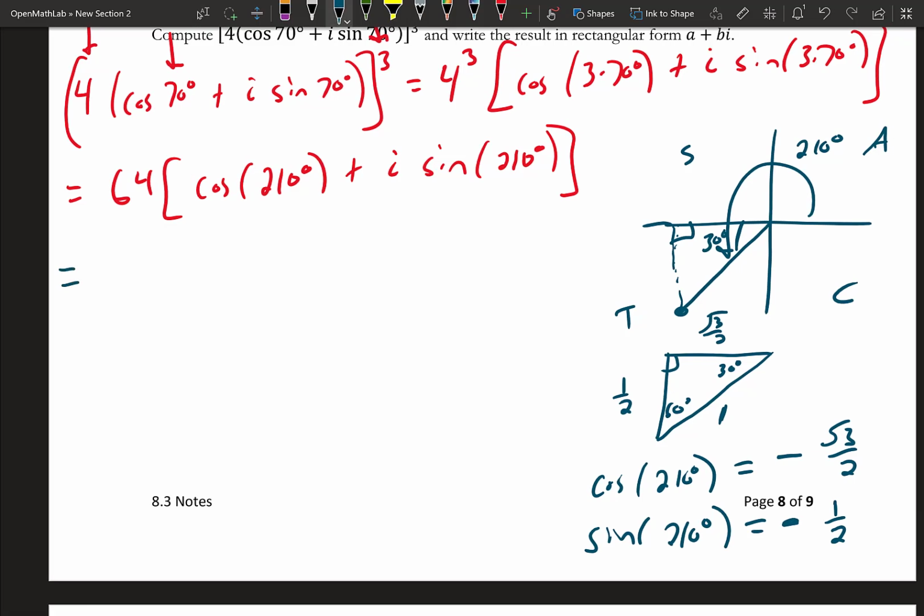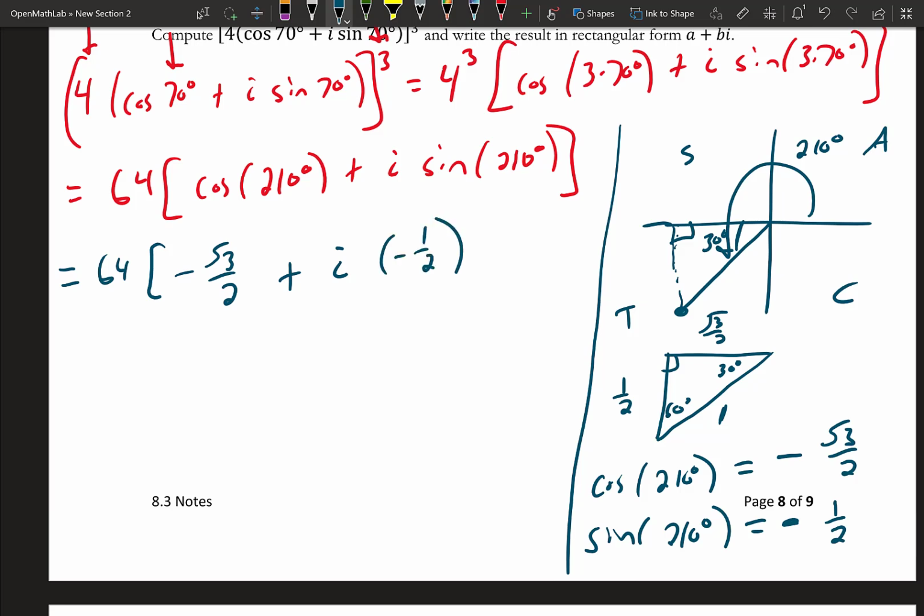So then I can plug those in, and we get 64 times negative radical 3 over 2 plus i times negative 1/2.